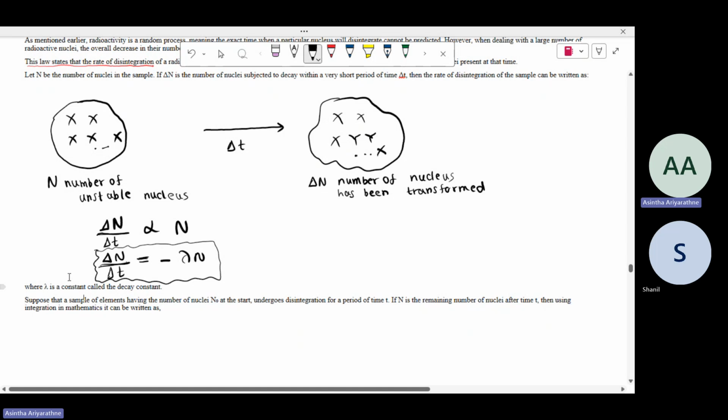Lambda is called the decay constant. N is the number of unstable nuclei, not the stable nuclei, at the moment.